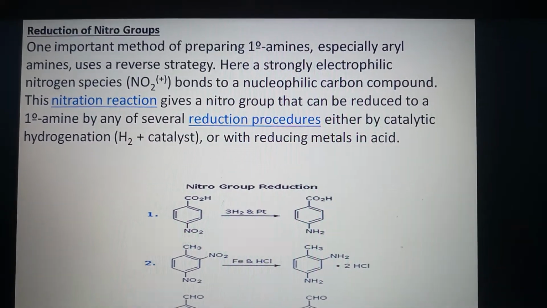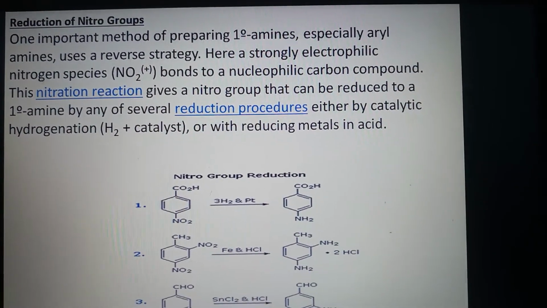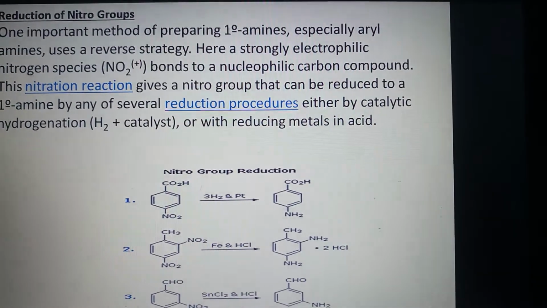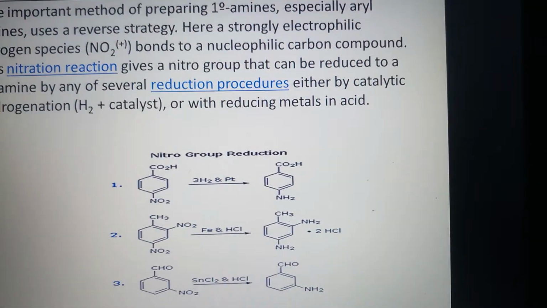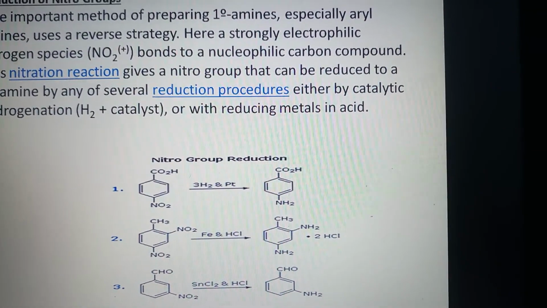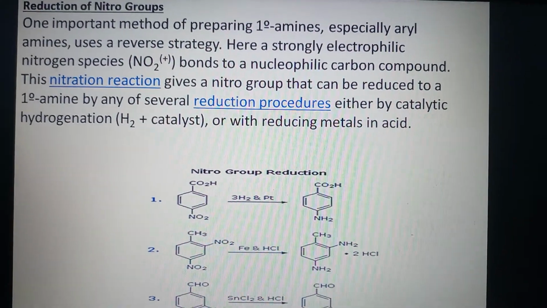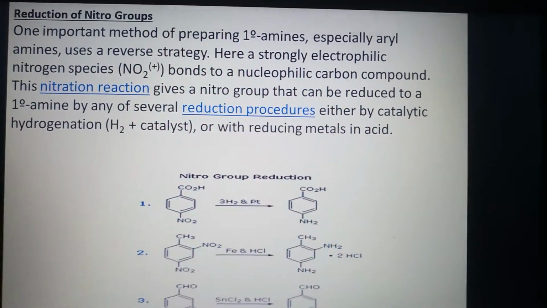Another strategy is reduction of the nitro group. It is one of the most important methods of preparing 1-degree amines, especially aryl amines. It uses a reverse strategy. Here a strongly electrophilic nitrogen species, NO2 plus, the nitronium ion, bonds to a nucleophilic carbon compound.